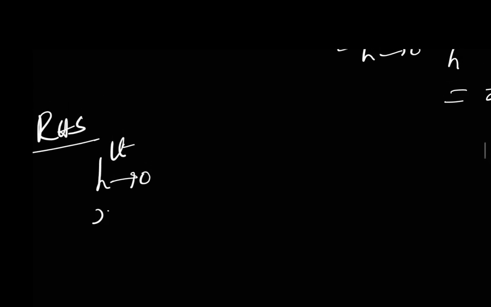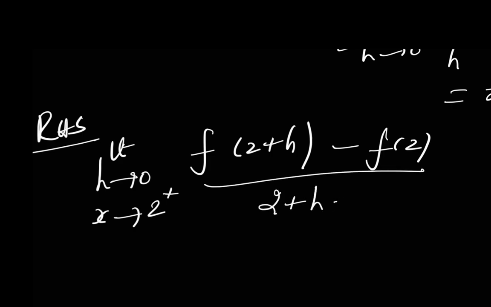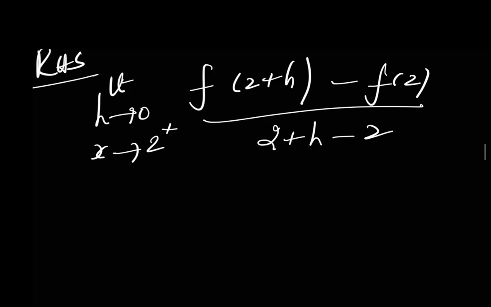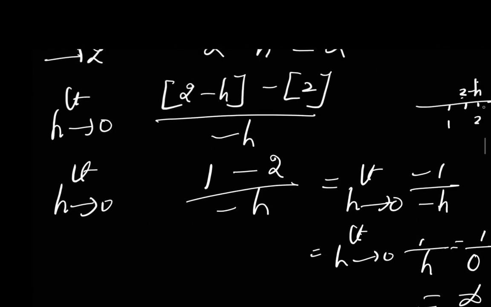Take the right hand side. Limit h tends to 0, x tends to 2 plus. That is f of 2 plus h minus f of 2 divided by 2 plus h minus 2. So f of 2 plus h. 2 plus h means it is just after 2. 2, 3. 2 plus h is after 2 here.